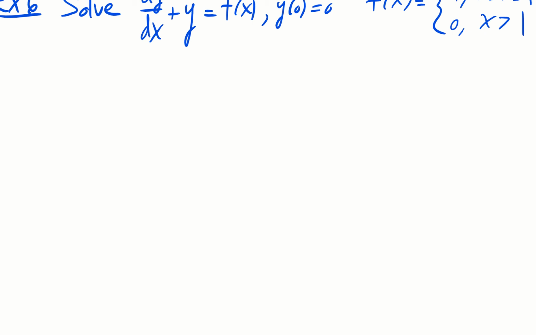Okay. So essentially what we have, if I write this out, we're going to have dy dx plus y equal to 1, and that will be on 0 less than or equal to x less than or equal to 1.